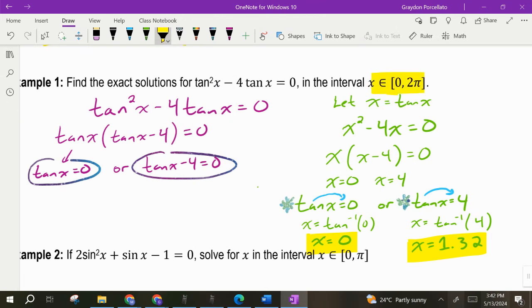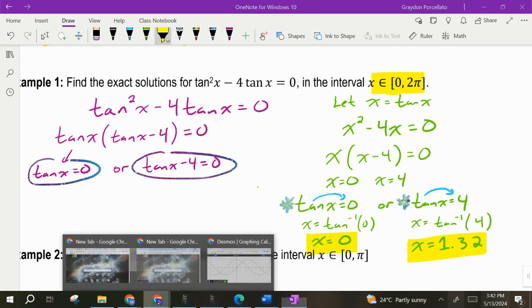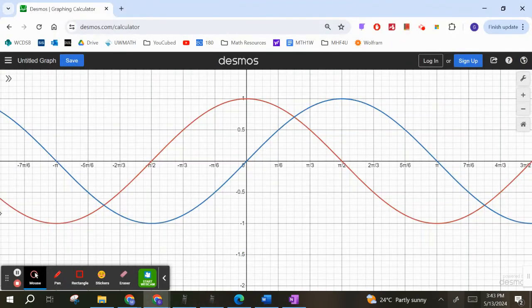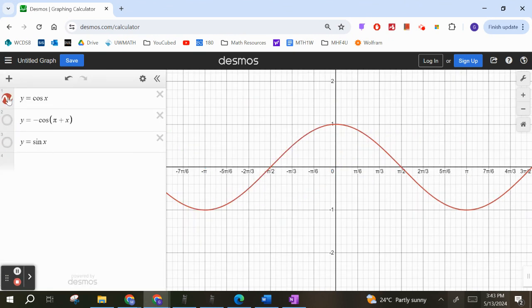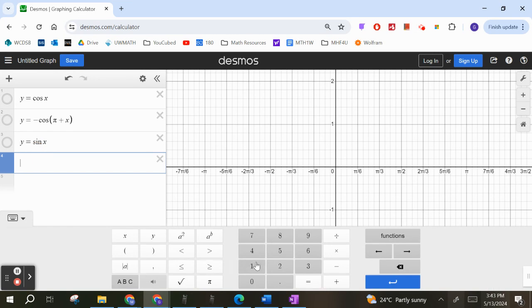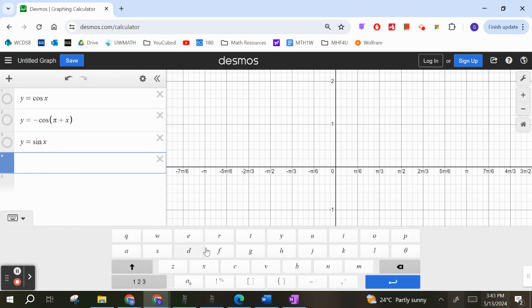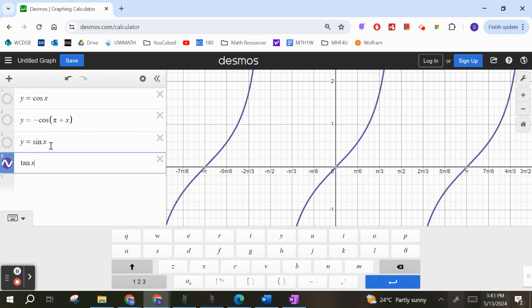So if we take a quick look at our tan function, this is our graph of tan x.